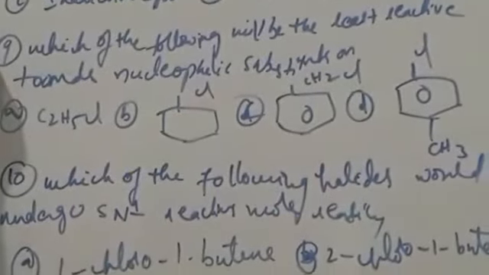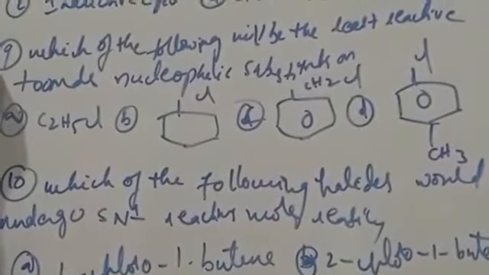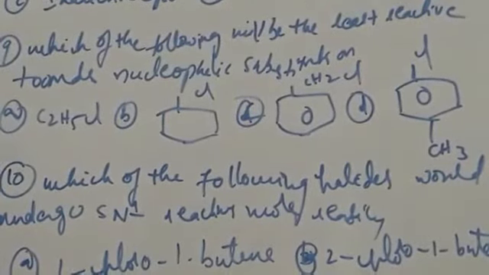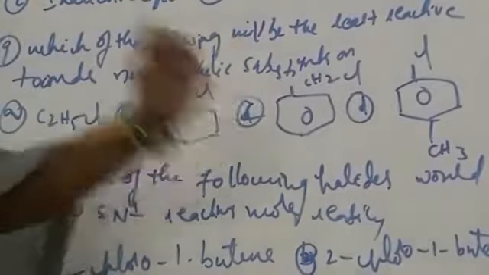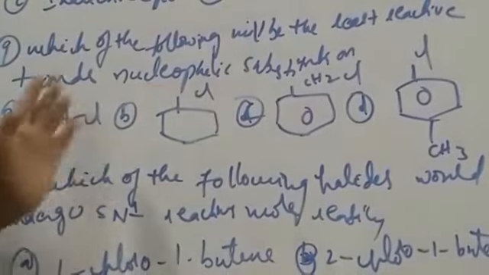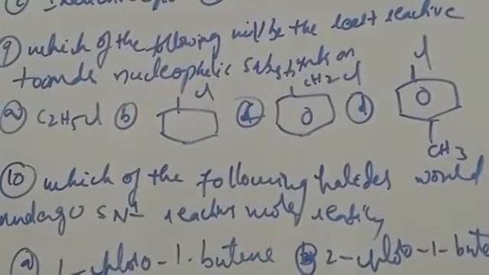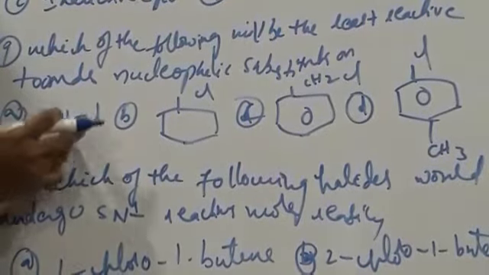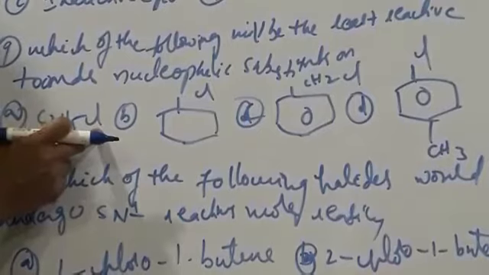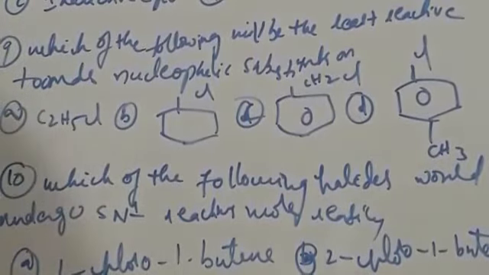Which of the following will be the least reactive towards nucleophilic substitution reactions? So here different halides are there, aromatic and aliphatic. Okay. So first coming to C2H5Cl. In ethyl chloride, chlorine gets linked with the sp3 hybrid carbon.